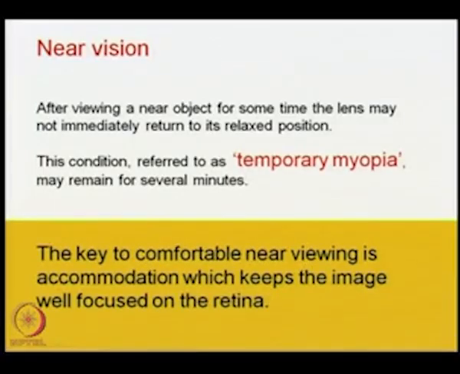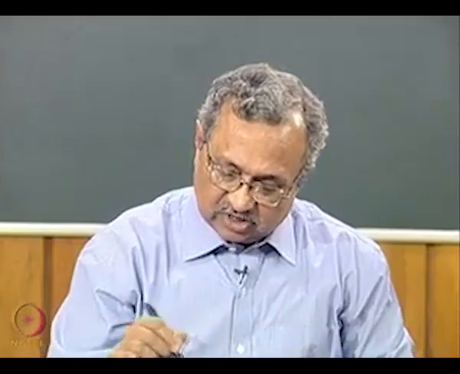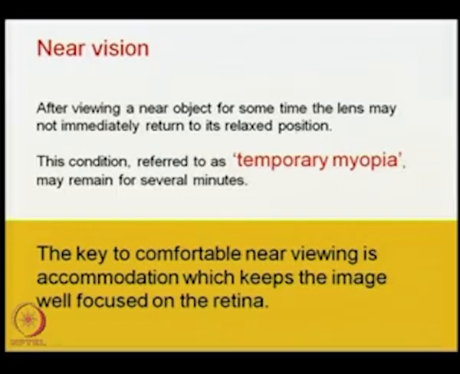After viewing a near object for some time, the lens may not immediately return to a relaxed position. When you are concentrating on some specific work and then suddenly want to see a distance, our eye cannot focus immediately, it needs some time.